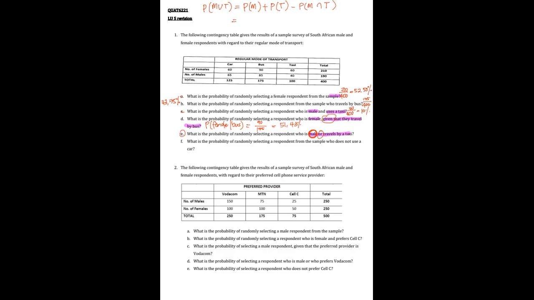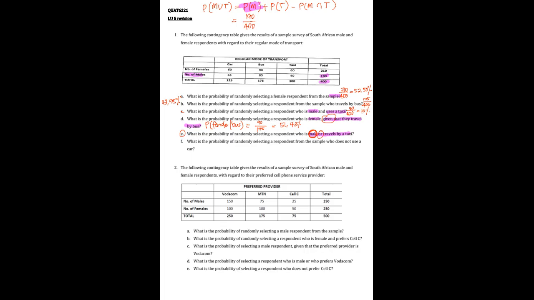So now you're going to look at the first one, the probability of it being a male. Because this is one single variable, you'll go to male in the table, and the total is 190 out of the 400. So 190 out of 400 people are male. Then you're going to add on the number of people who prefer to use a taxi.